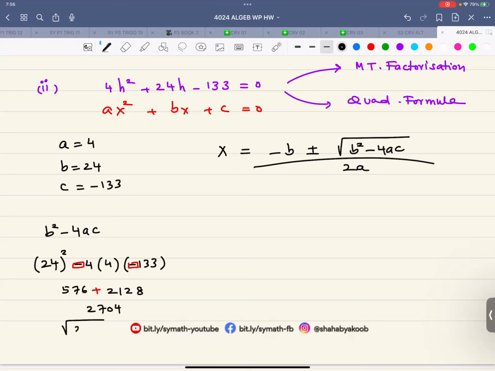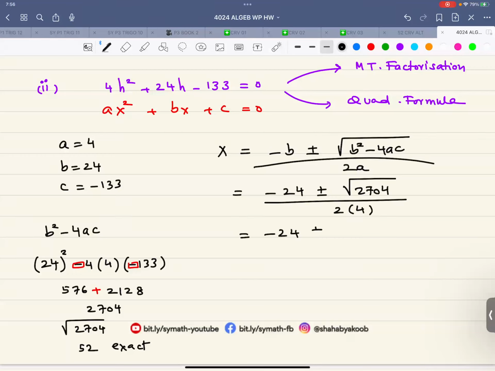Let me take square root of 2704. And looks like it's going to be an integer. Yes, it is. That is exact 52. So therefore, x is equals to minus b, minus 24, plus minus square root of 2704, divided by 2 times 4. That is negative 24 plus minus 52 divided by 8.